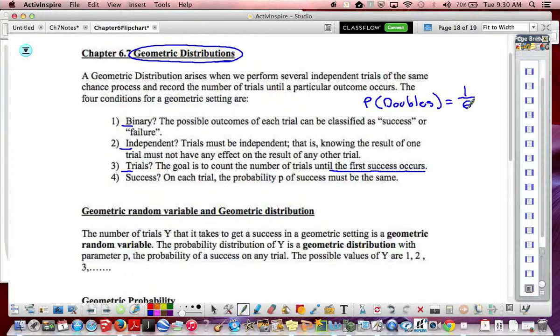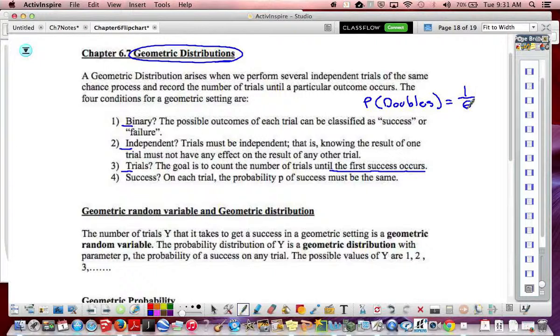So when I think about the trials part, in a geometric, you're going to roll the dice and count how many times you have to roll it until you get your first set of doubles. In a binomial distribution, that's going to be fixed, meaning you might say you're going to roll the dice 10 times and count how many doubles you get in 10 rolls.